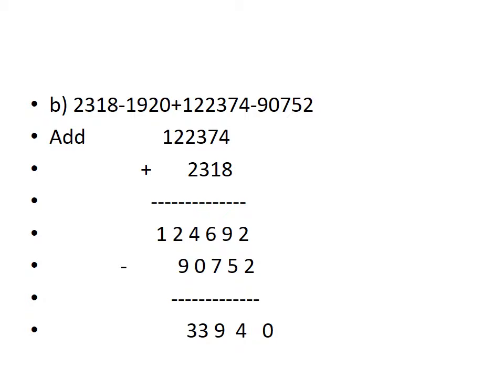Now subtract 90752 from it. 2 minus 2, 0. 9 minus 5, 4. 6 is smaller than 7. Borrow from 4. 16 minus 7, 9. 3 minus 0, 3. 12 minus 9, 3.